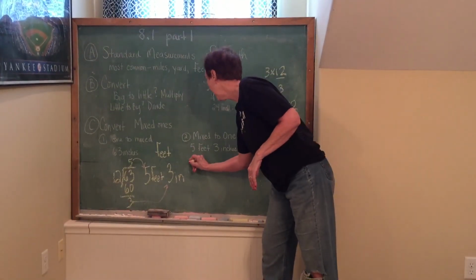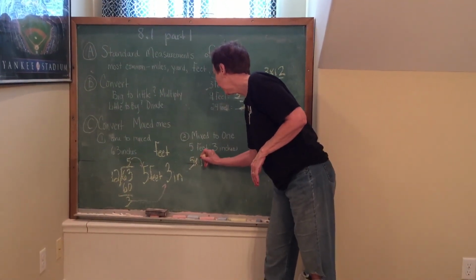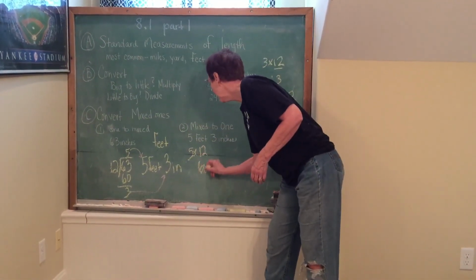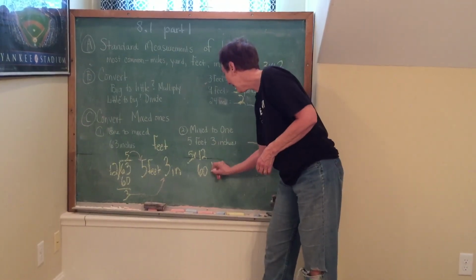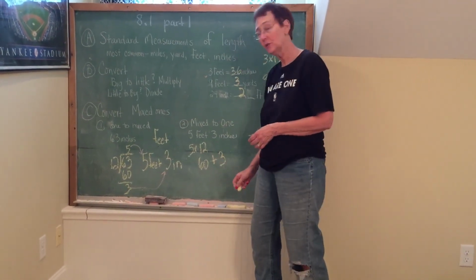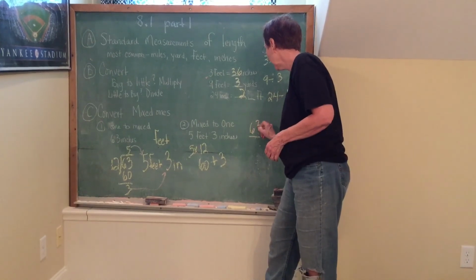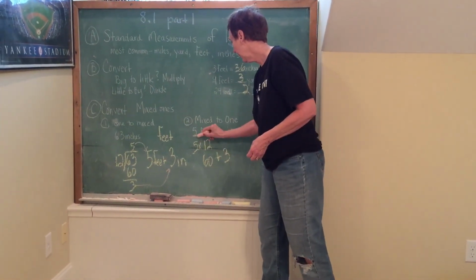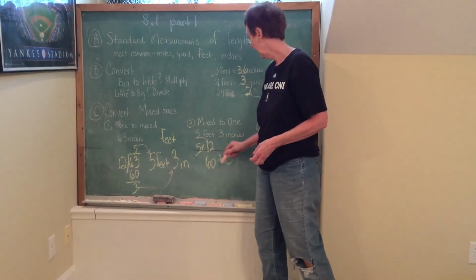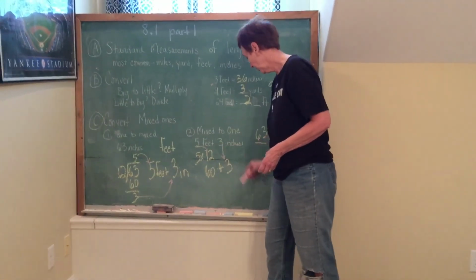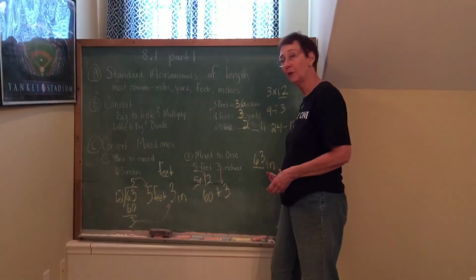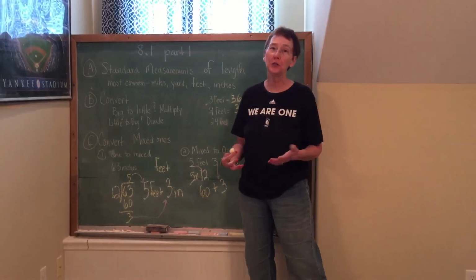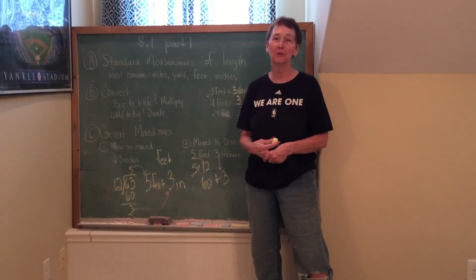So you're going to take 5 and multiply it by 12, because there are 12 inches in a foot, and that would give me 60, and then I'm going to add the leftover inches, and that's how I get 63 inches. So you're going to take how many feet it was and multiply by 12, and then the leftovers you're going to add, and that will convert it back to 1 unit of measurement, inches. So we'll do part 2 in the next unit when we talk about how to convert pounds and ounces.